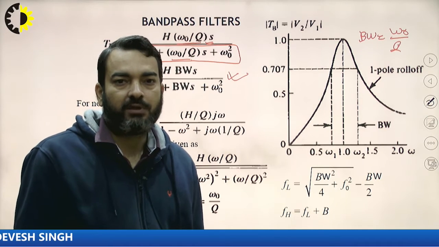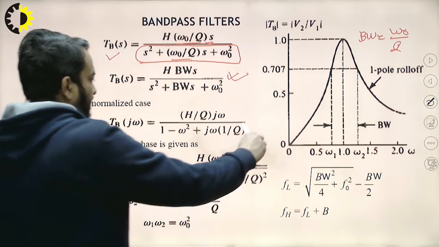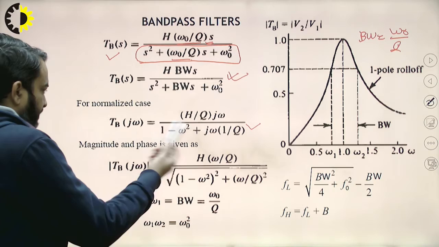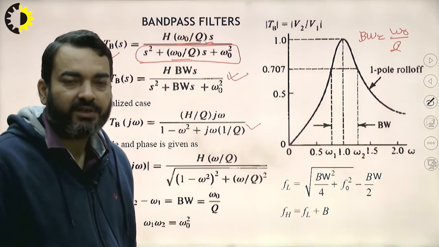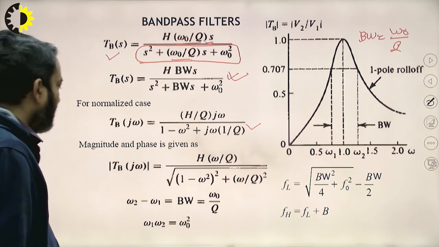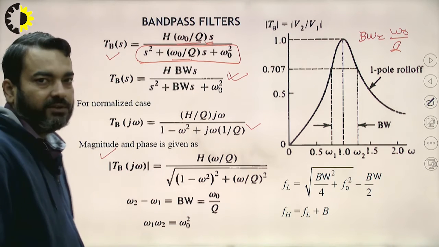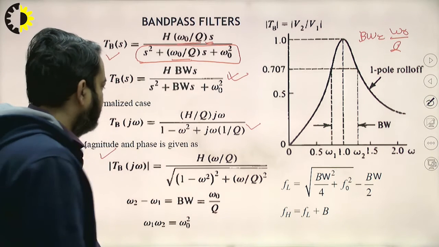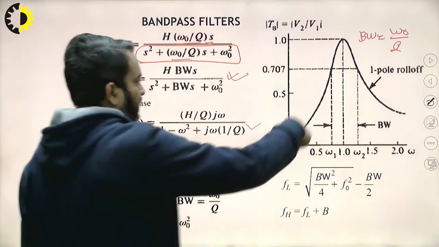Putting S is equal to J omega, we will not go into the concept of normalization, but whenever we divide numerator and denominator by omega naught square, the transfer function will be normalized. So the mod value of this band pass transfer function is equal to this much. This is the frequency response.